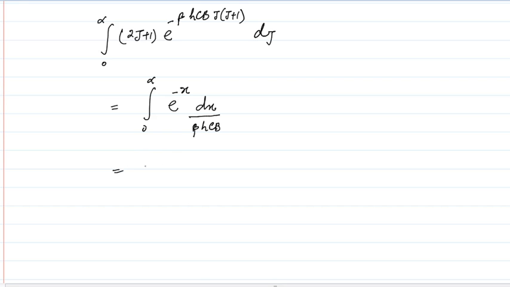So this is constant, so it can be taken out of the integral. That means we can simply write 1 upon beta hcB and integral 0 to infinity e raised power minus x dx. Now if we give the upper limit and the lower limit, it will be equal to simply 1 minus 0, so it will be equal to simply 1 upon beta hcB. So this is the alternative route to solve this integral.